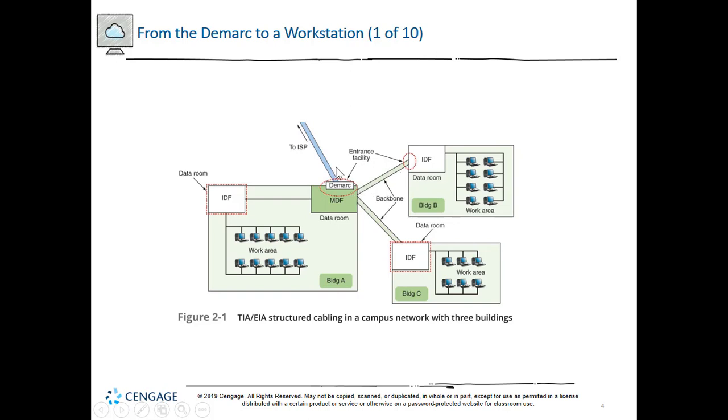Now, for the most part, the MDF, the main distribution facility, is typically your entrance facility. And then from there, we branch off into intermediate distribution facilities called the IDFs, which are common for wiring closets that we would have in each and every work area. The reason we would have a bunch of different IDFs is so that we can meet our wiring limitations.